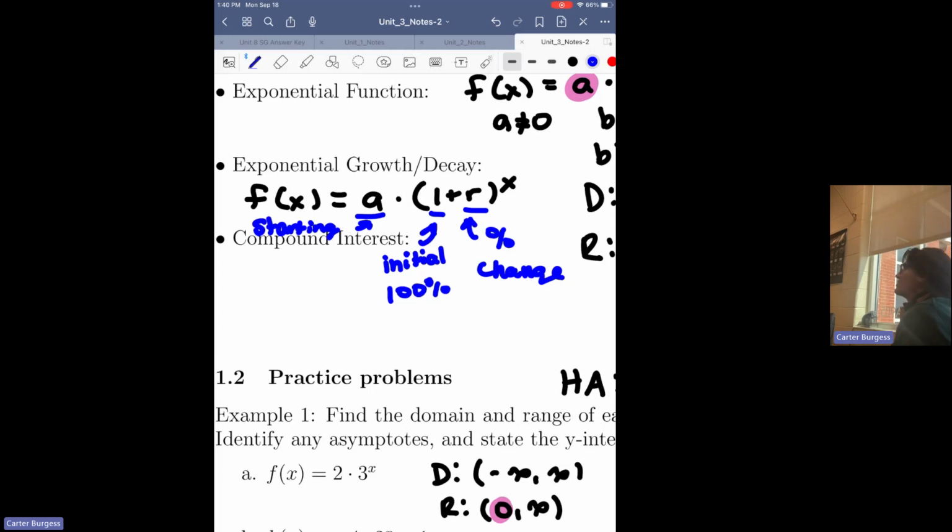So for instance, if I tell you that something is decaying by 20%, we are losing 20% per hour, how much is left? 80% is left. 1 minus 20% is left. This quantity that we are raising to a power is not telling us how much is getting taken away. It's telling us what is left. So if I'm taking away 20%, 80% is left. If I'm adding 15%, then 115% is left.